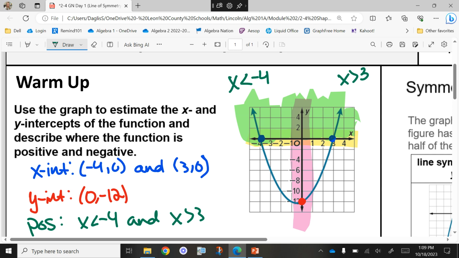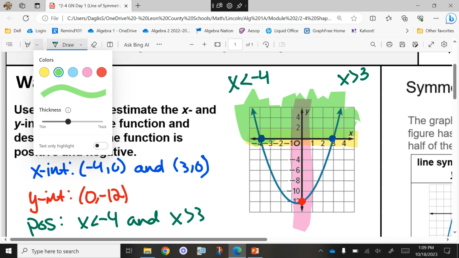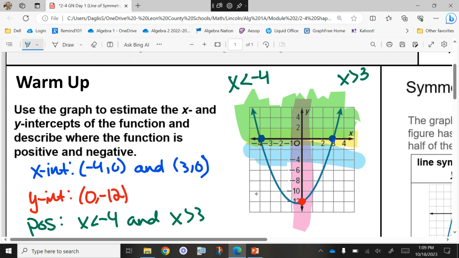All right, and then the last thing it asks me for is my negative. When I'm looking for negative, we're looking under. There is one piece under my x-axis and it loops down, right? It's in between my x-intercepts.